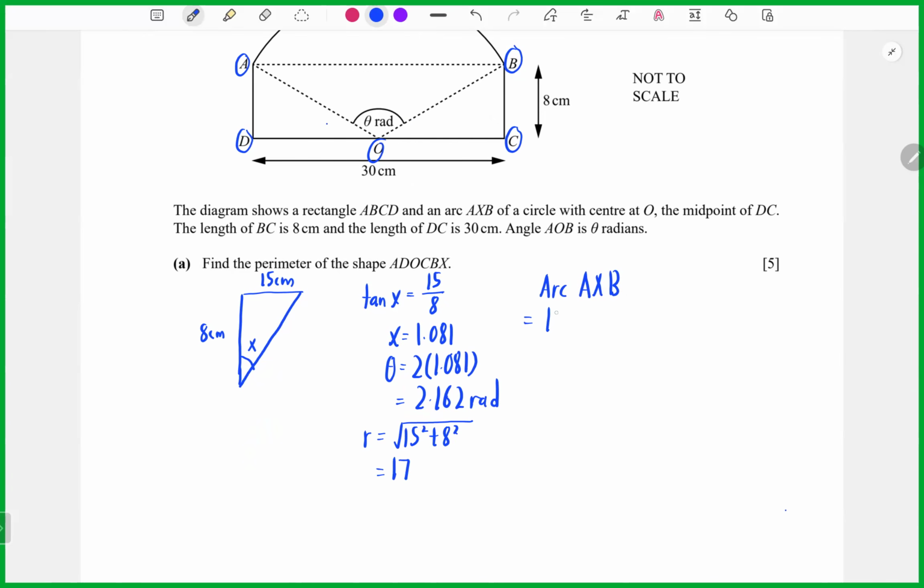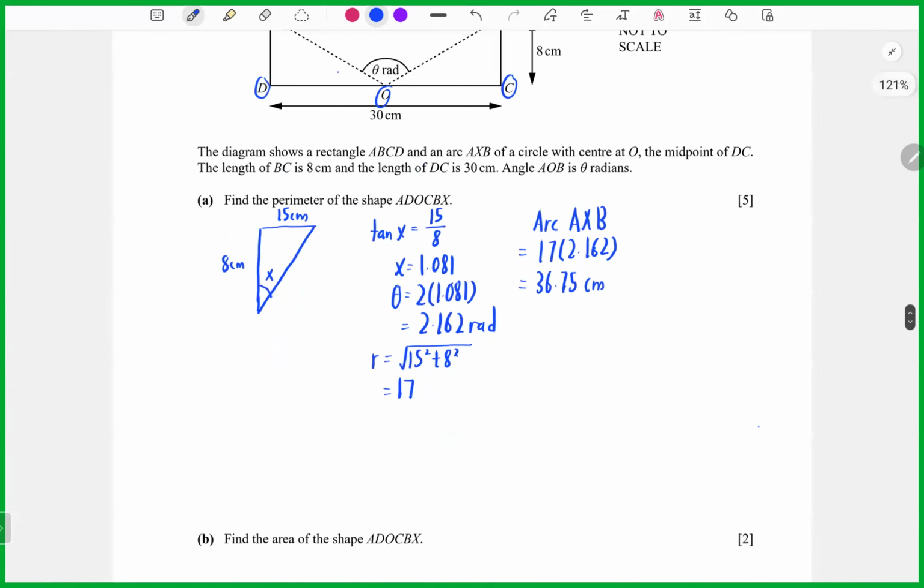So you take 17 times 2.162, which equals 36.75 cm.